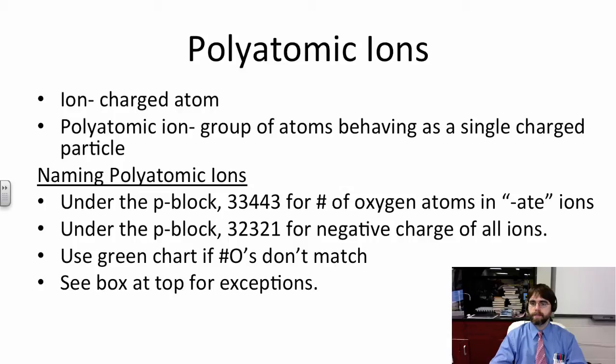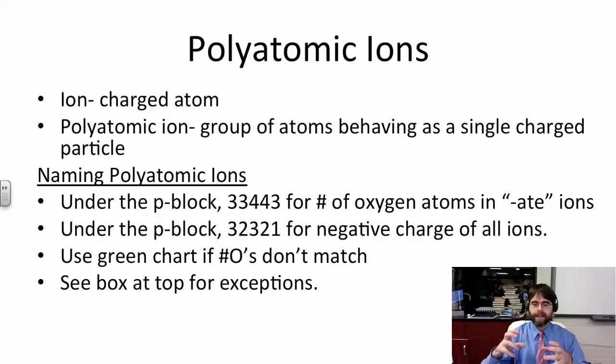Other than that exception, and it's highlighted in green to remind you that it's an exception, you can figure out not only all the -ate polyatomic ions, but also all the variations on the -ates. And those would include per-ates, -ates, -ites, hypo-ites, as well as bi, tri, and thio prefixes on those.